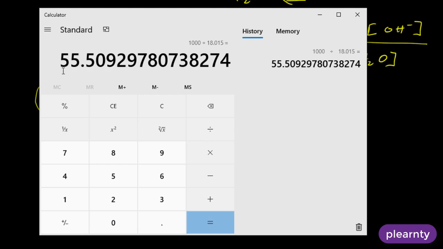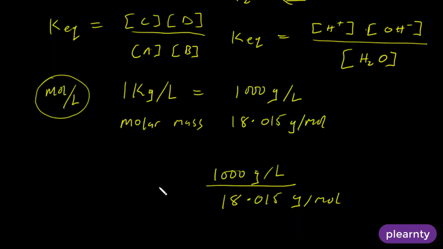So this is giving us 55.5. So we have this equals to 55.5. But what is the unit? Look here, we have gram here, we have gram here. Gram can cancel gram. We have per liter here and we have per mole here.